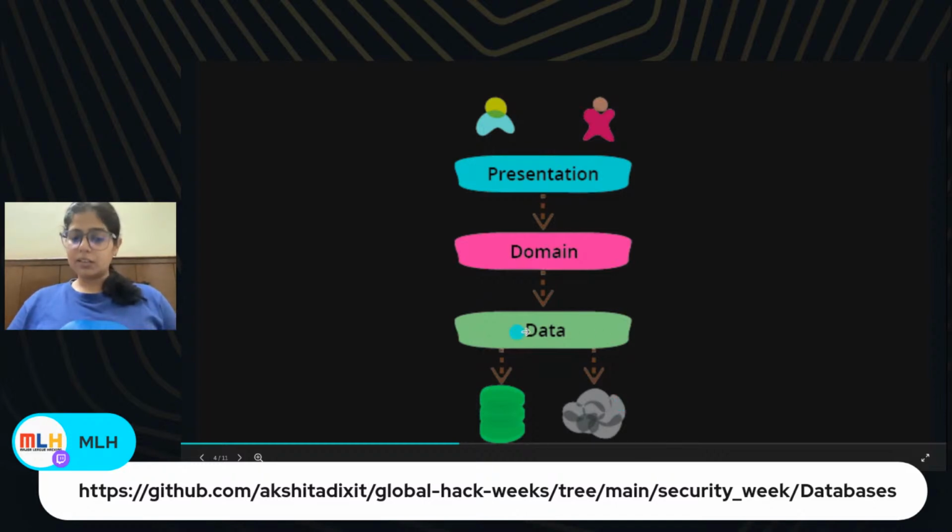So we create a database layer which interacts directly with data, and our backend interacts with the database layer. We provide this layered security so that even if somebody breaches here, they still have to pass the database layer, right? And to explain this in a much better context, let's move forward.